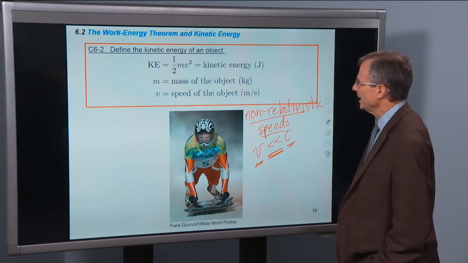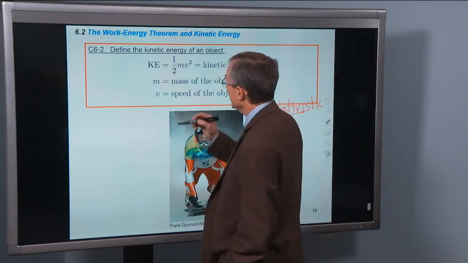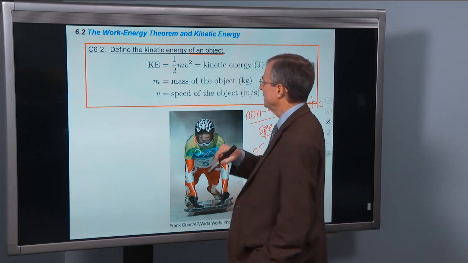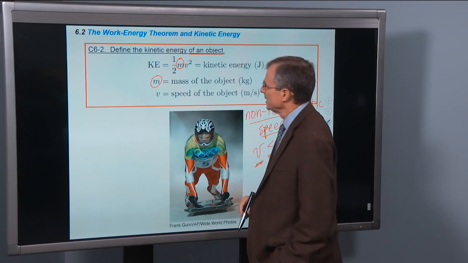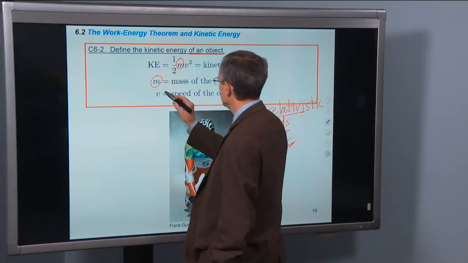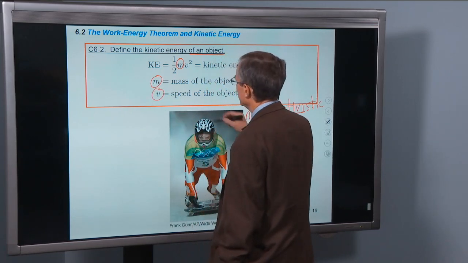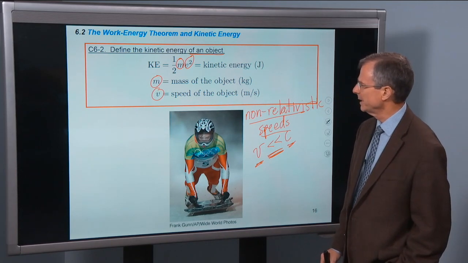The kinetic energy of an object is defined as 1/2 the mass of the object times the speed of the object squared. The speed is measured in meters per second, and we have to square that to form the kinetic energy. And there's a 1/2 out in front.